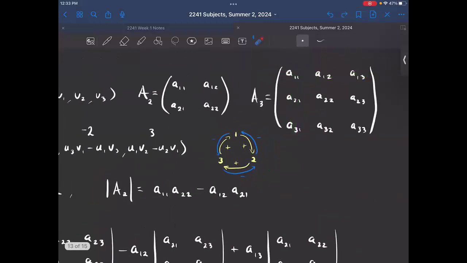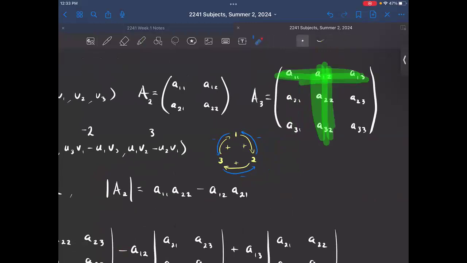So let's do this for A12. Again, A12 has an even column coordinate, and so it gets a minus. And then the minor that we should get is cross off that row, cross off that column. We'll do this a little bit bigger.